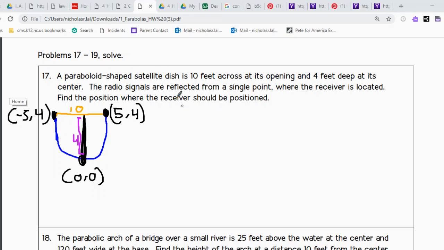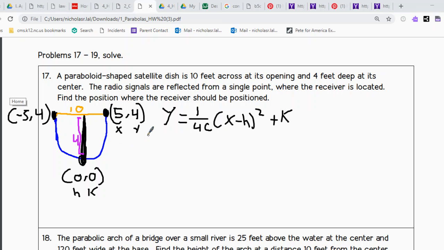Alright, so we have a vertical parabola. y is equal to 1 over 4c times (x minus h) squared plus k. Here, x is 5, y is 4, h is 0, k is 0.